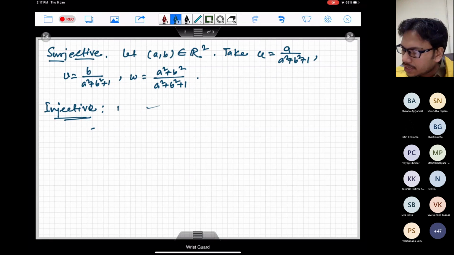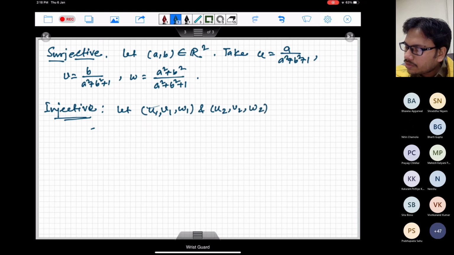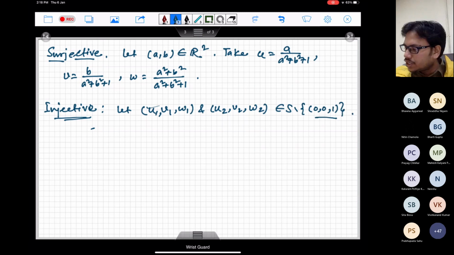Let (u1, v1, w1) and (u2, v2, w2) belong to S minus (0, 0, 1). I am always removing this point. So let these be the two points such that they correspond to the same complex number.